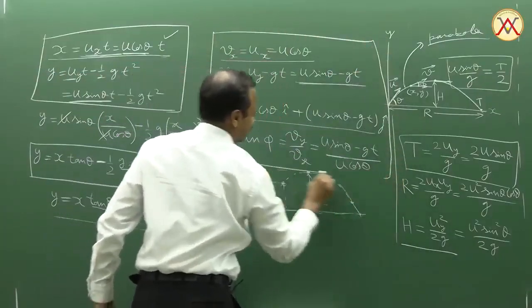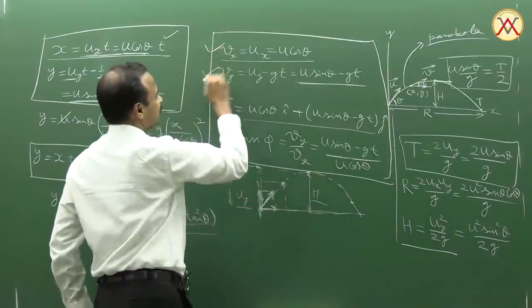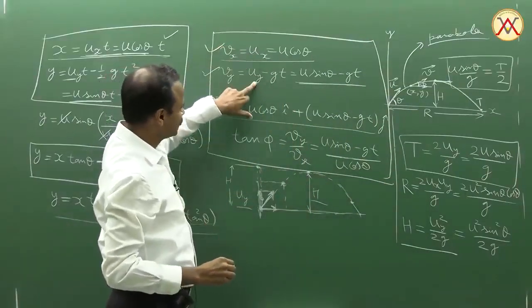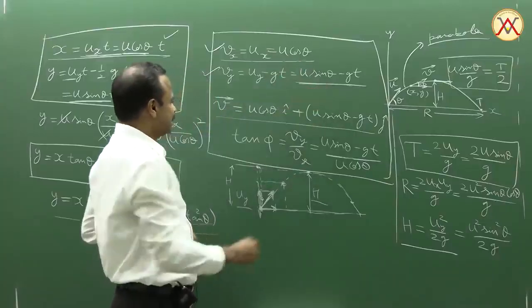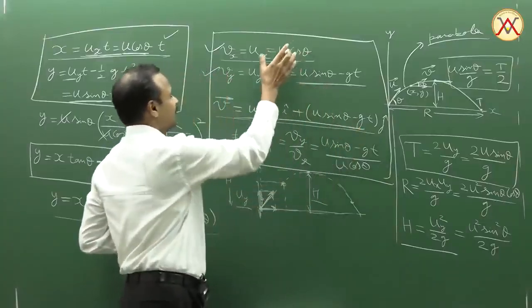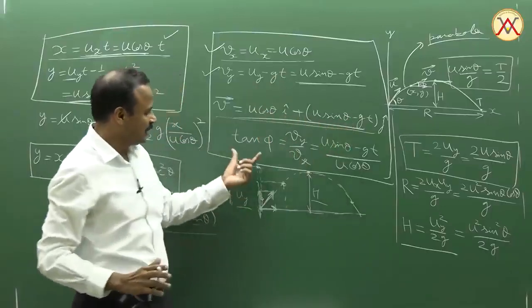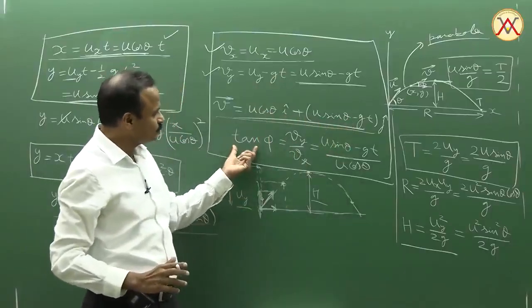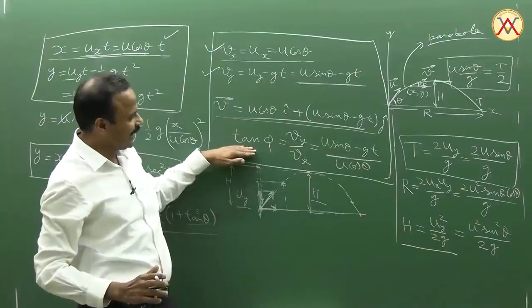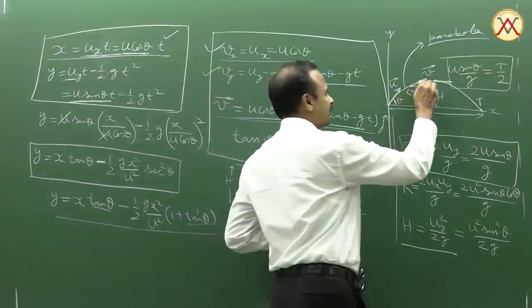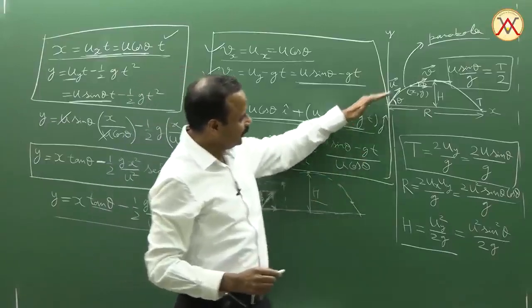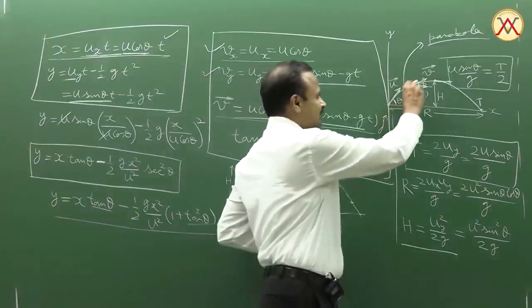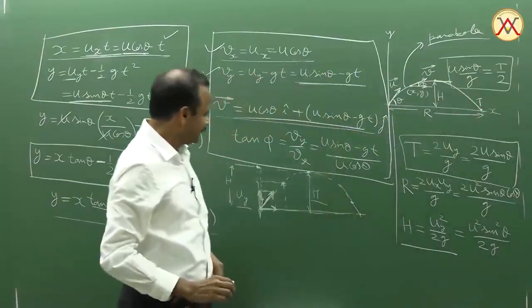I have given x and y component of velocity here in terms of ux, uy, in terms of magnitude and direction here. This is your velocity vector, simply vx i cap plus vy j cap, and this one gives you the tan phi. Phi is the angle made by the velocity vector. So this angle, as you can see, is a function of time, and it goes from positive to 0 and then it will become negative.